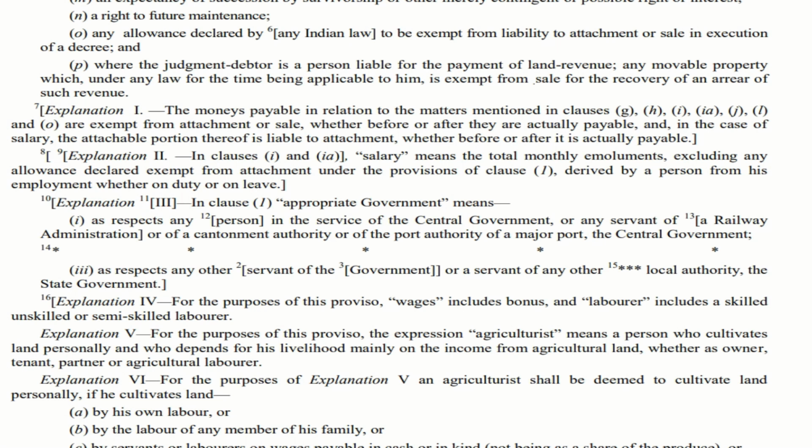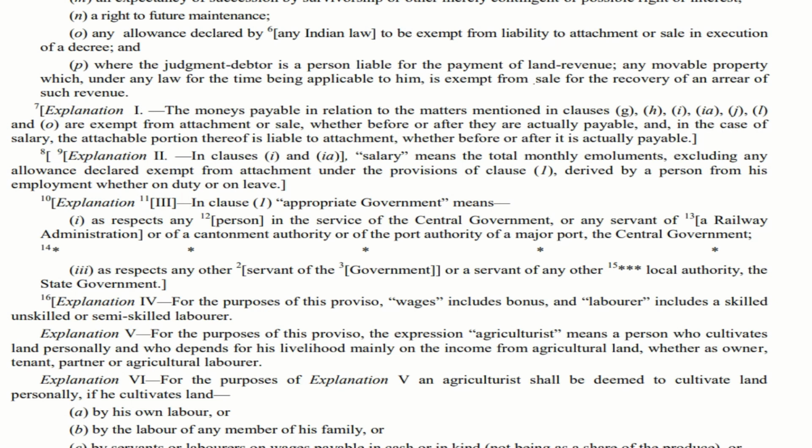However, there is one more aspect which you need to understand in this explanation. If it is salary, the attachable portion can be attached even before it is payable. So, for example, this is the month of December. I'll be getting my salary on say 5th of next month. So, the salary is payable not now.